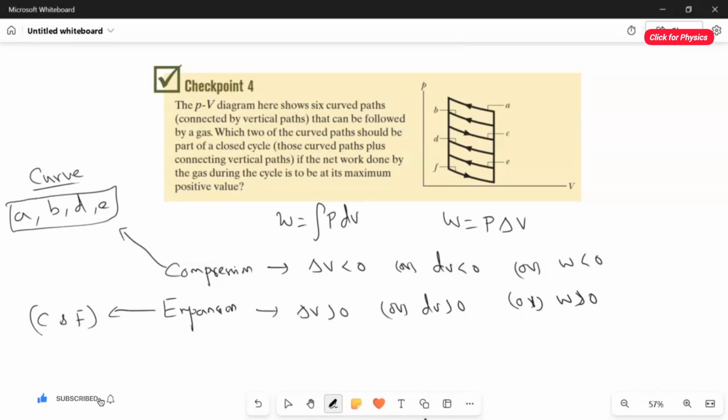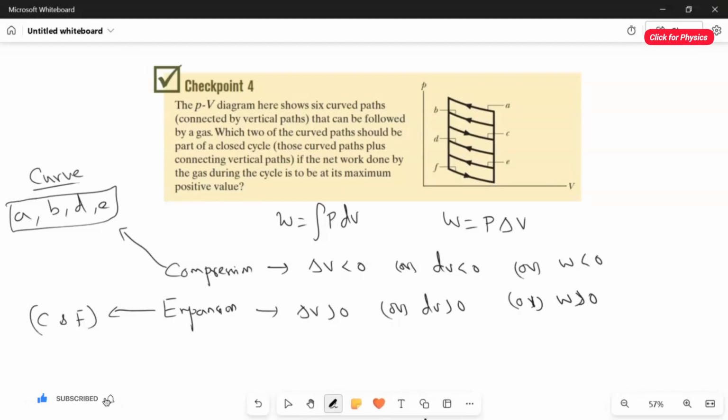So we have to look at the cycle with clockwise direction. For clockwise direction, we can consider curve C and curve E. You can see curve C is coming in the expansion, and then curve E is going to compression. So when you consider this, the entire area will give the positive value. The curves C as well as D also give a positive value, but the area is smaller.